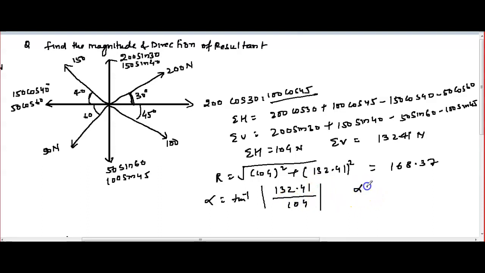So alpha is equal to 51.85 degrees. I can represent it here: this is the x-axis, this is the y-axis, the resultant is this, the angle alpha is 51.85 degrees, and R is 168.37. Any doubt till here?